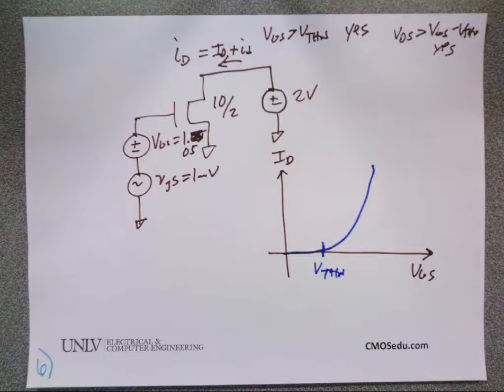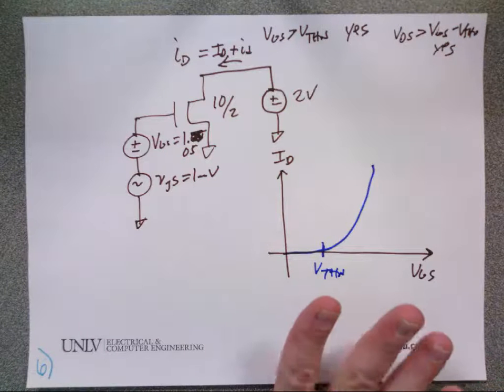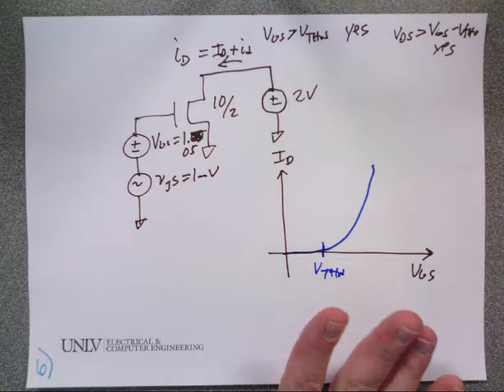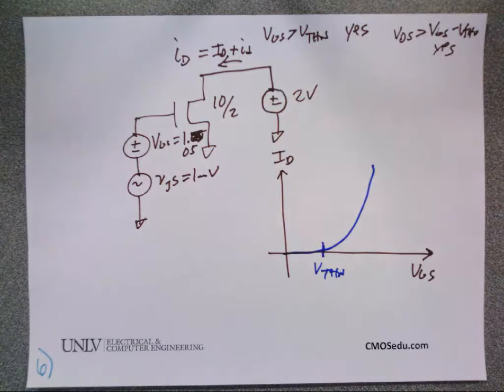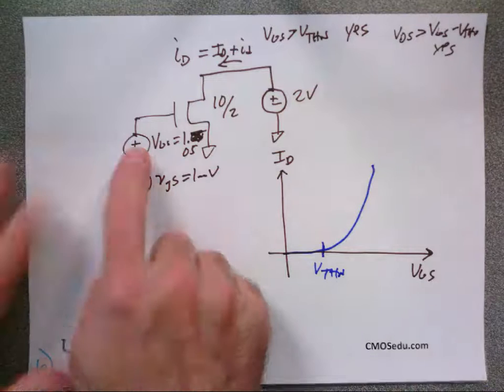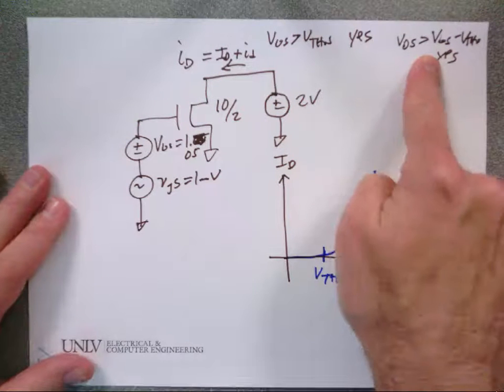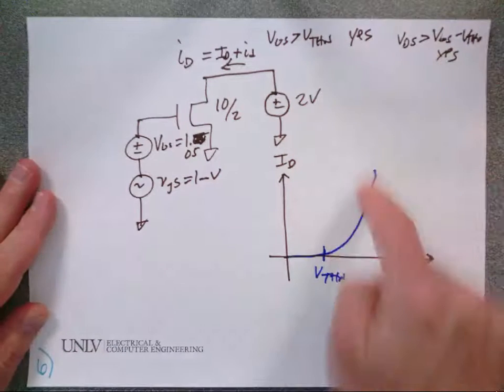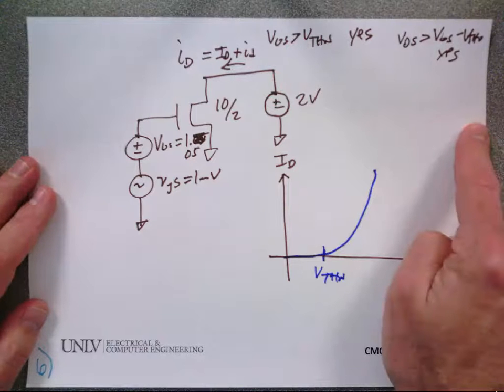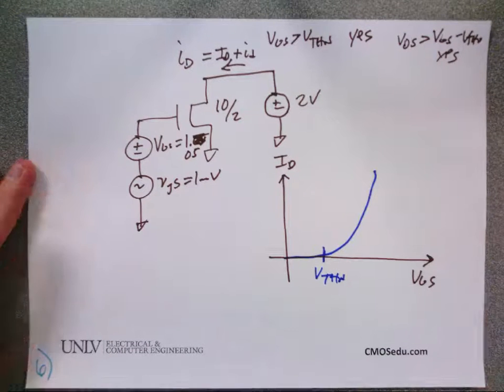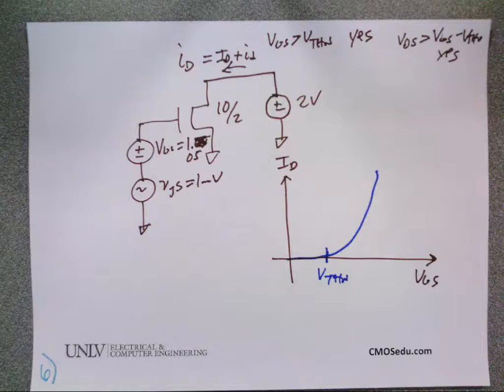Anybody not understand this? Because I don't want you to go through the class and say, that was magic. Okay? Everybody follows this. Yes? Flattening out. Yeah, if you keep turning this up more and more, this is no longer valid, and then it'll roll off and flatten out. But we generally don't talk about that because we don't want to operate in that region.